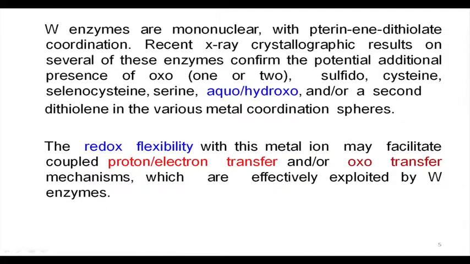So, this particular flexibility of this metal ion can be coupled to proton as well as electron transfer. So, in one direction, if we have the electron transfer, so electron is taken out from the system, and this electron transfer is taking place in the corresponding aqueous medium, in water. So, proton transfer will take place in the reverse direction.